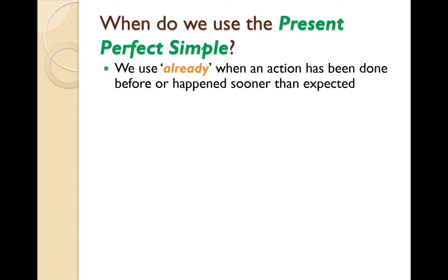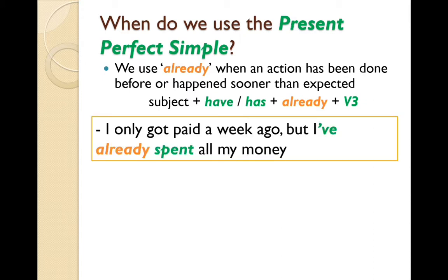We use already when an action has been done before or happened sooner than expected. And we use the subject plus have or has plus already plus the past participle. I only got paid a week ago, but I've already spent all my money.